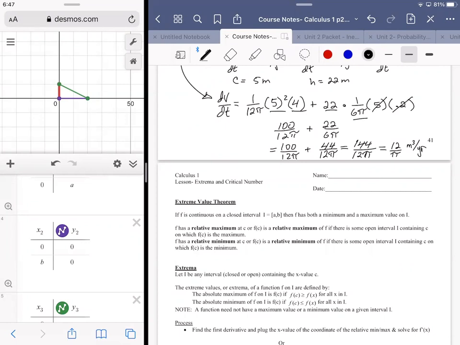So it's just a question of what kind of maximum or minimum. They could be what's known as relative extrema, relative maximum, relative minimum, or they could be absolute extrema. The difference between the two is actually pretty significant.